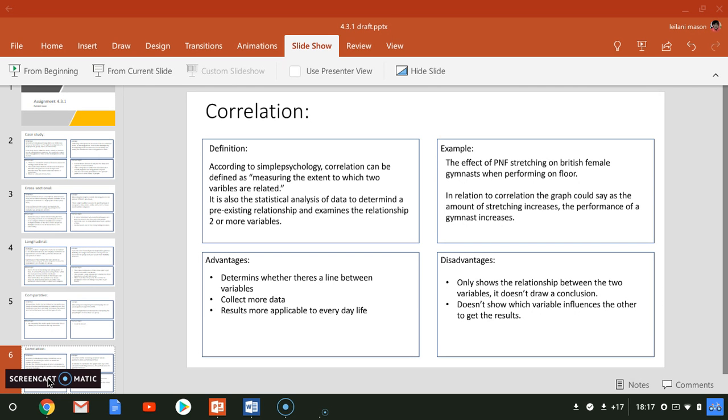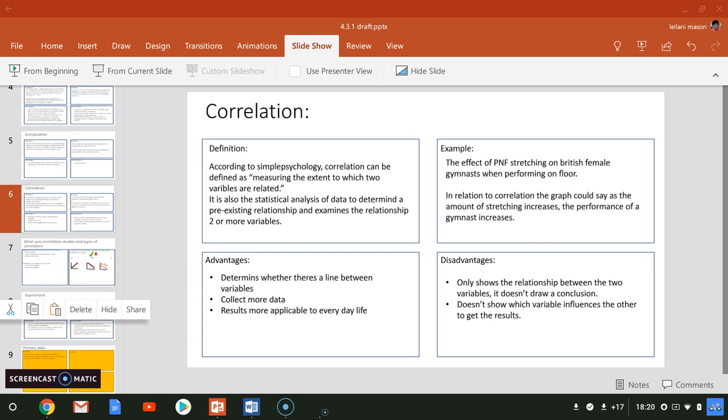A disadvantage is that it only shows the relationship between two variables, doesn't draw a conclusion, and doesn't show which variable influences the other. It doesn't always show the results that you want, because more than one variable, or the two variables you have on the graph, can influence your conclusion.